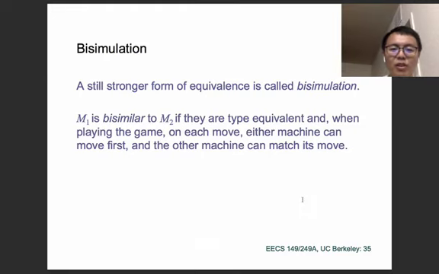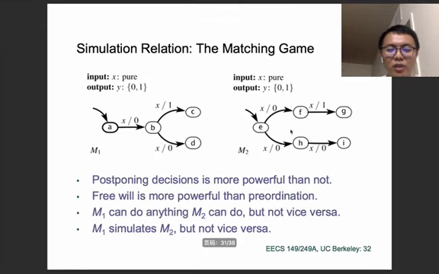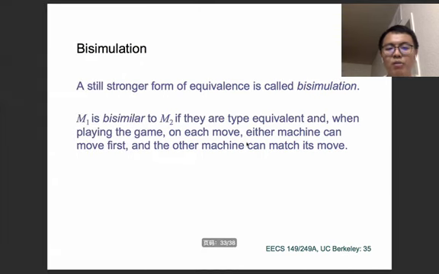It is different from the simulation relation, because in the simulation relation we determine the order of movements at first, but in bisimulation, on each move, which means at each movement, we can reorder who goes first. Then we check if it still gets the same movements. So it's a stronger form of equivalence.